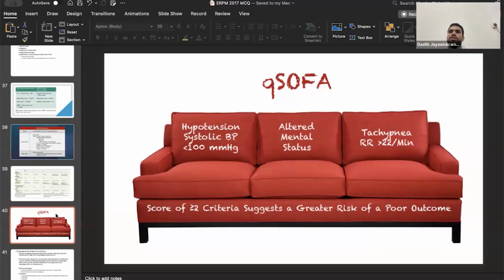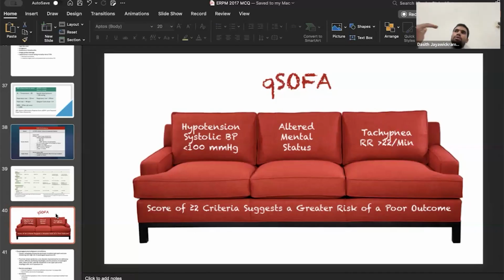Altered mental status is GCS less than 12, and tachypnea is respiratory rate more than 22. If two or more of these criteria are present, then qSOFA is suggestive of sepsis and poor outcome. So we need to start antibiotics and fluid resuscitation as early as possible.